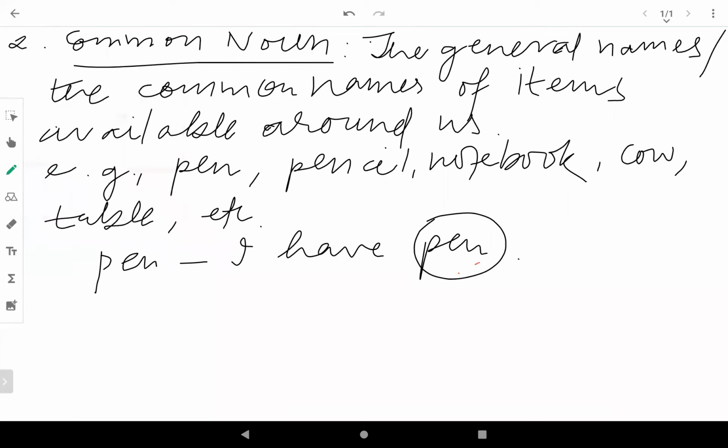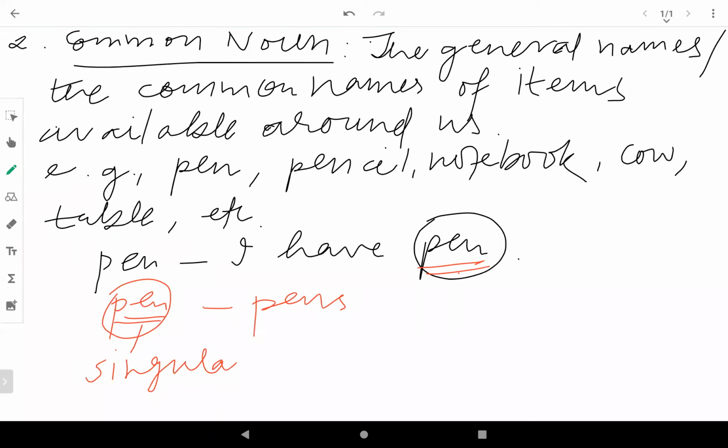Now, look at this word pen. Pen is a countable noun, and the plural form is pens. Now, when we make a sentence, when we use a countable noun, then when we use the singular form, we need to add articles, or you can say determiners.